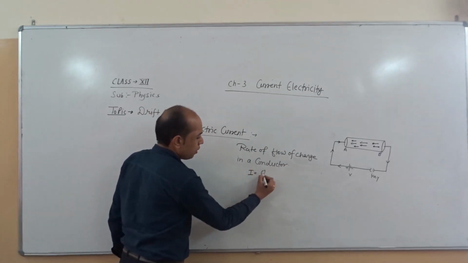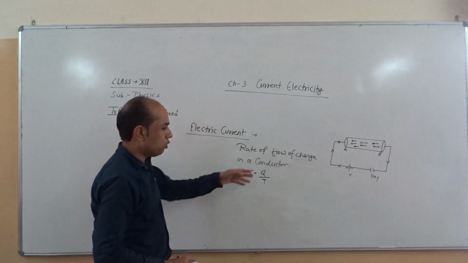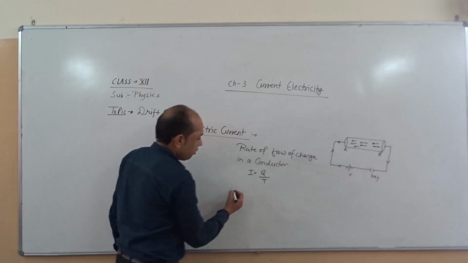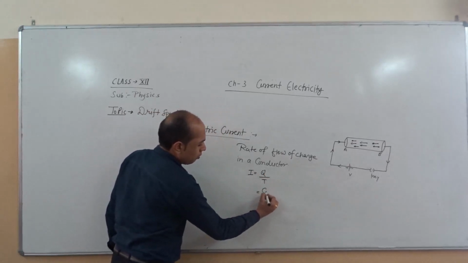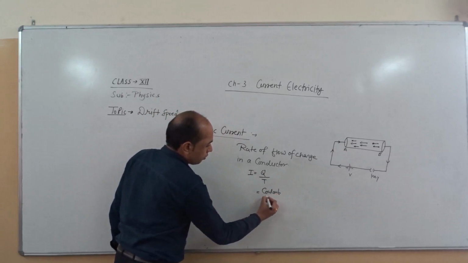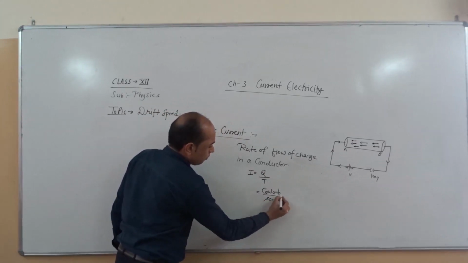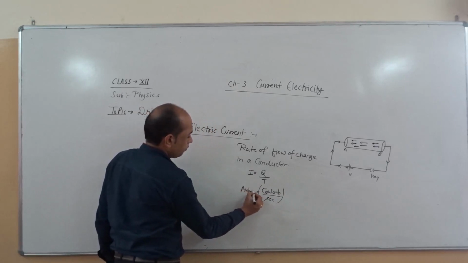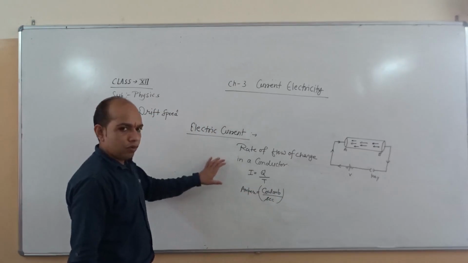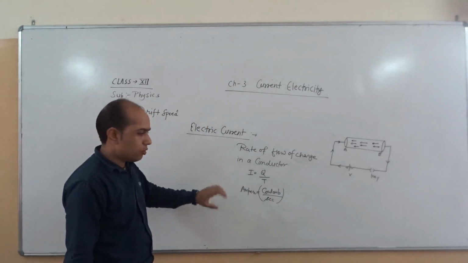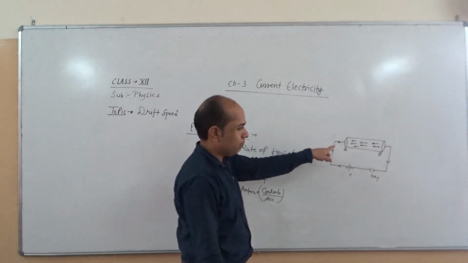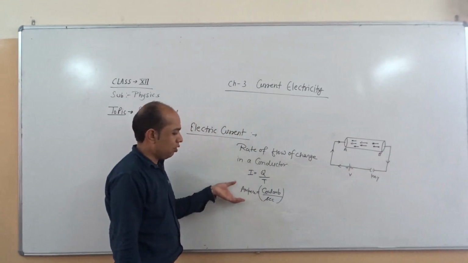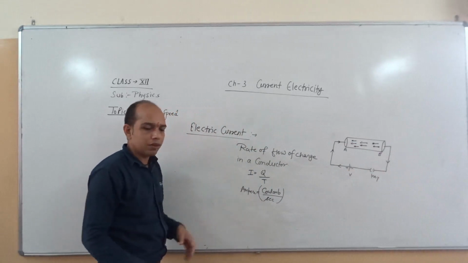This equals Q by T. Q denotes electric charge and T denotes time. The charge unit is coulomb, time is in seconds, so coulomb per second equals ampere. Via this identity we easily define 1 ampere current also. That means when 1 coulomb charge flows in a circuit for 1 second, then the value of current is said to be 1 ampere.